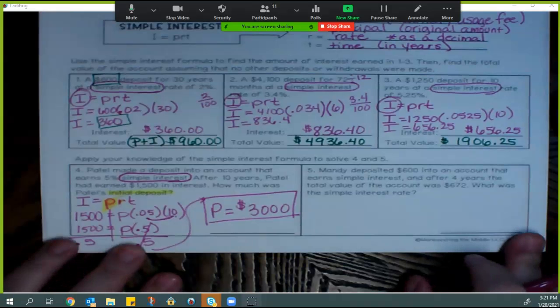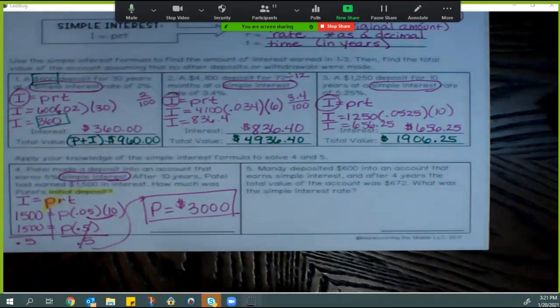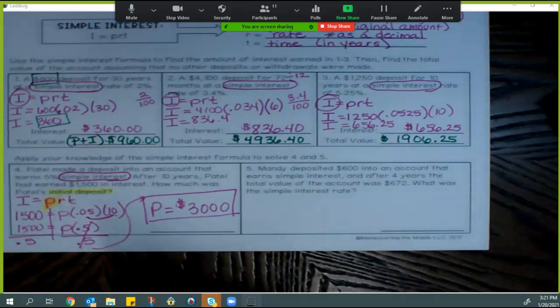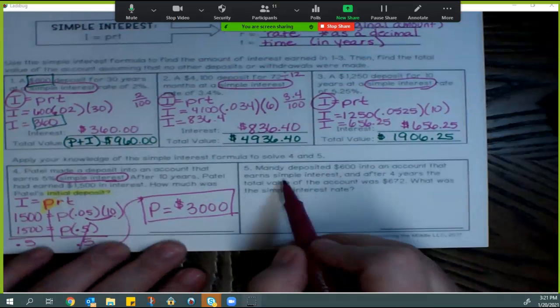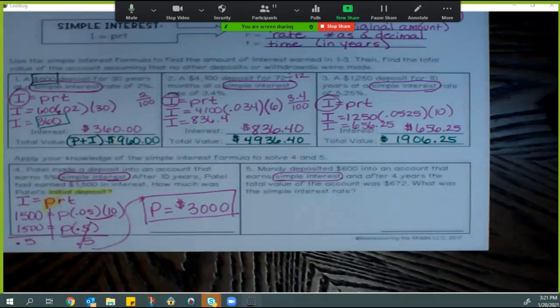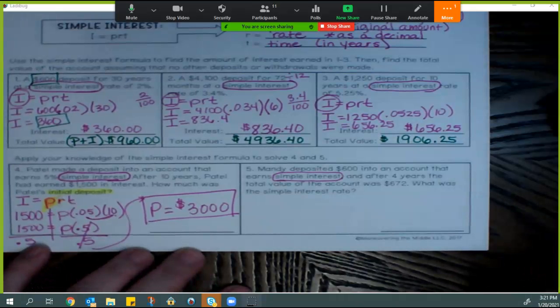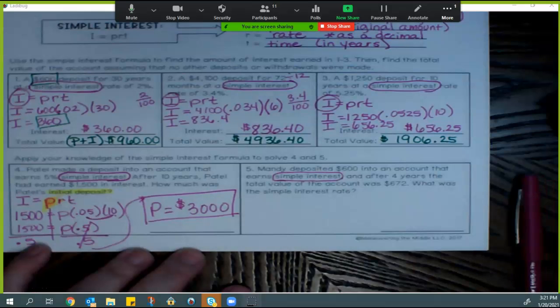All right, let's look at number 5. Mandy deposited $600 into an account that earns simple interest. Oh, there we go, vocabulary. And after 4 years, the total value of the account was $672. What was the simple interest rate?